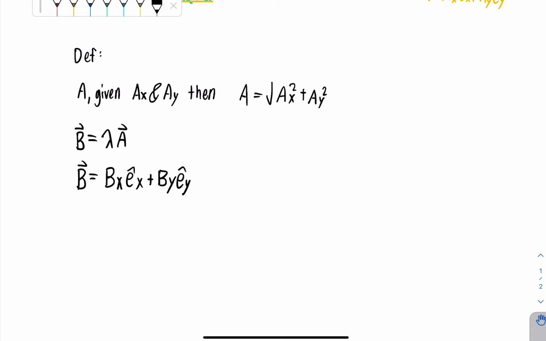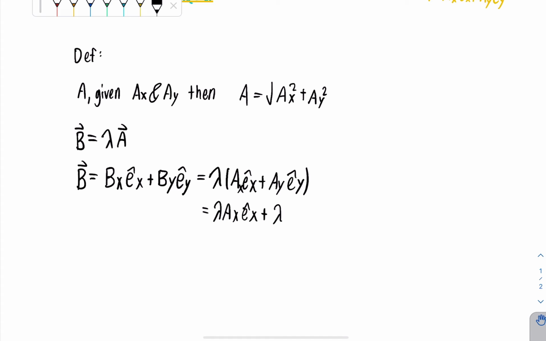And we can write this as lambda times A sub x e hat sub x plus A sub y e hat sub y. Okay, and this is equal to lambda A sub x e hat sub x plus lambda A sub y e hat sub y.